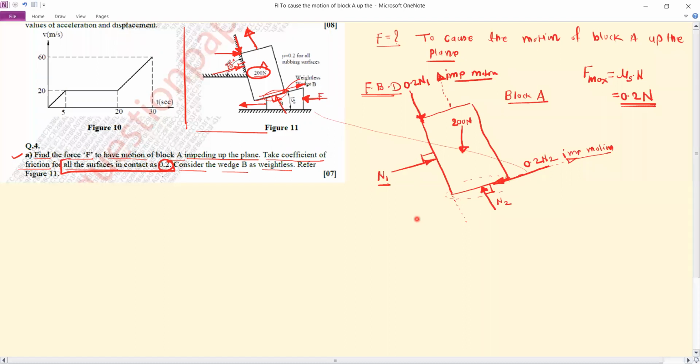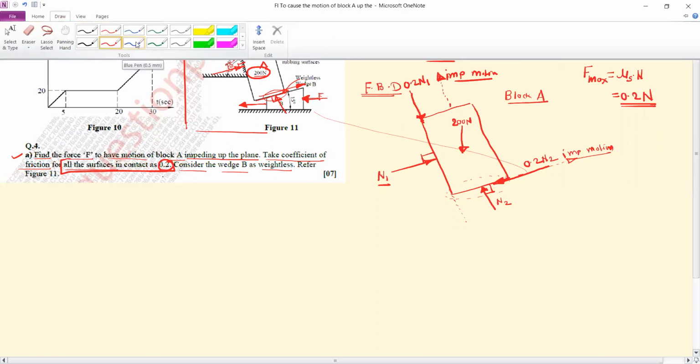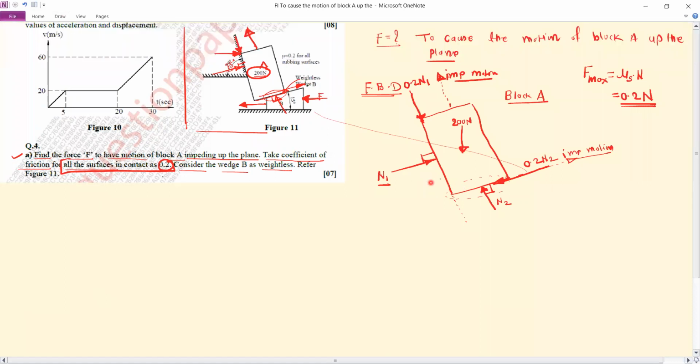Now the next step is to resolve the forces. For the resolution, you can assume this vertical direction as the y direction, and this is the x direction. So this is your reference axis. Try to resolve the forces along this direction.